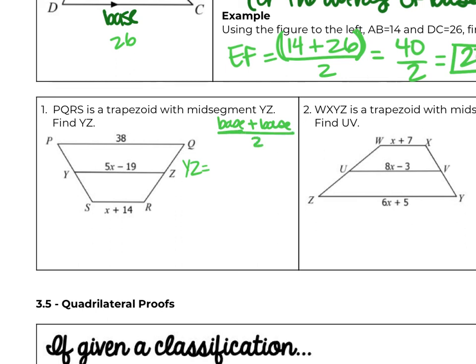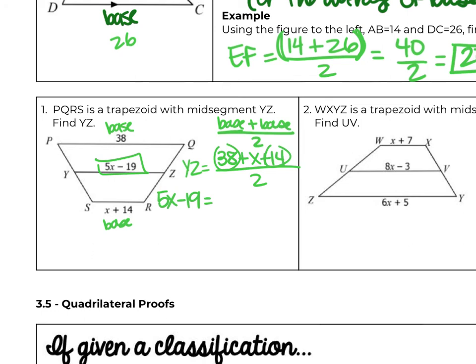Okay, well, I know this is a base and this is a base. So that's going to be 38 plus x plus 14 all over 2. Remember to do all of our top part first. Oh, and we do also have YZ here. Sorry. So I'm going to plug that in to the left side.